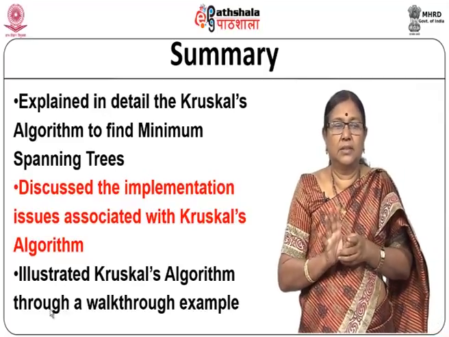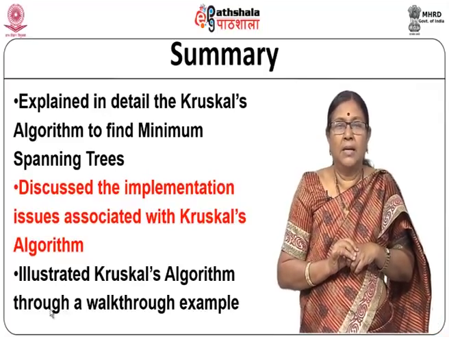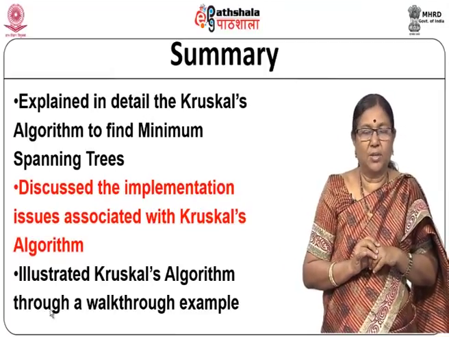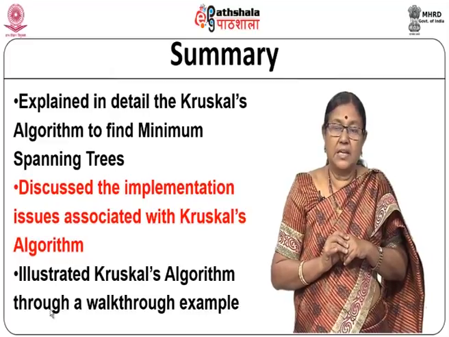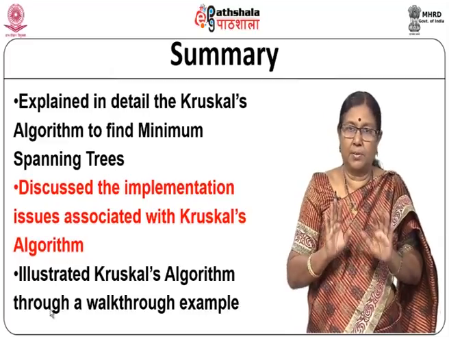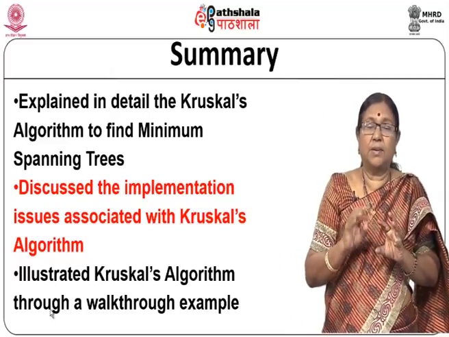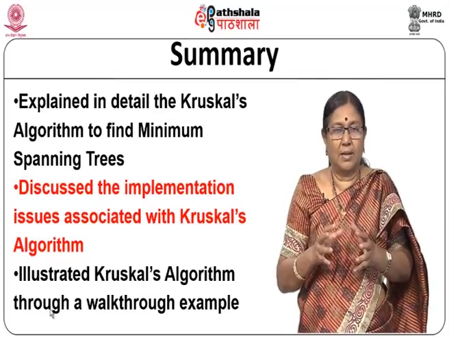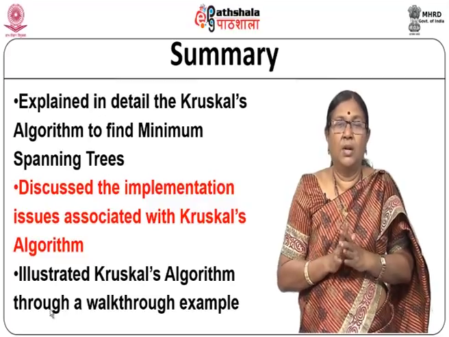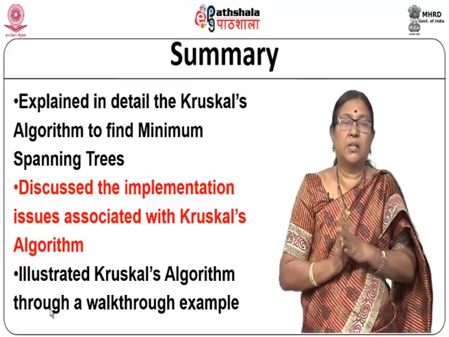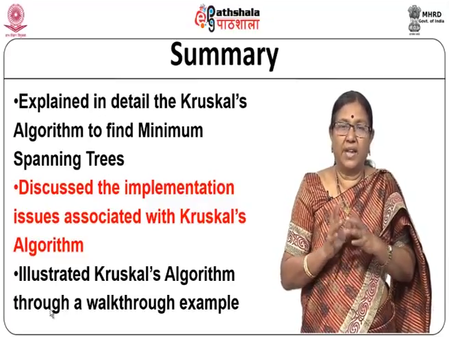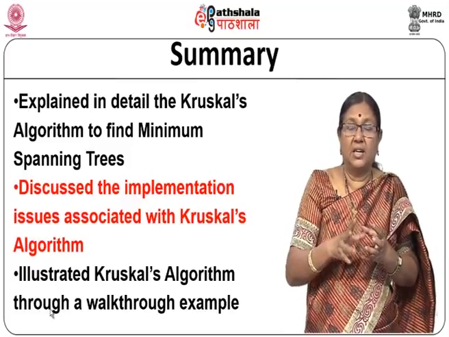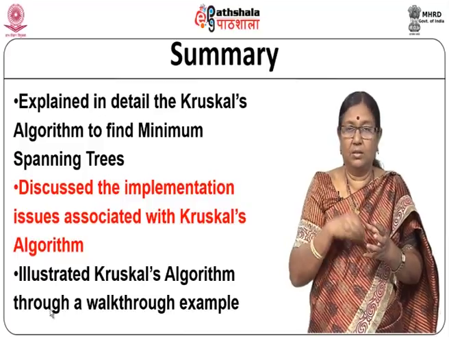Okay. So, this is the algorithm that we are talking about, and in the next module we will be discussing an algorithm called Prim's algorithm, which is for the same purpose, to find the minimum spanning tree. Now, do not think that just because you have two different algorithms, the summation of the weights of the minimum spanning tree is going to be different. No, the basic difference between the two algorithms is the way in which it is done: here we add an edge, there we add a vertex to the set.